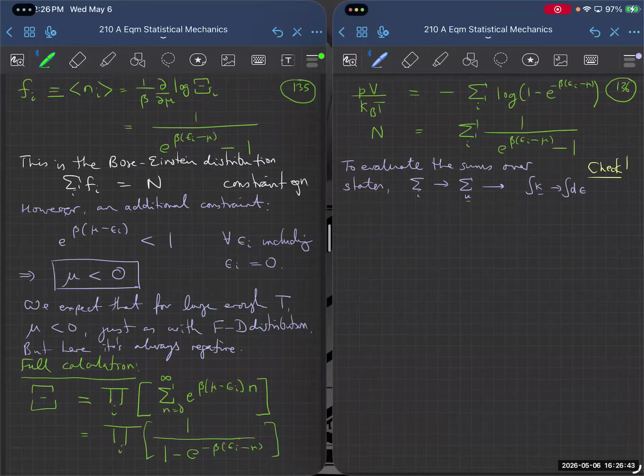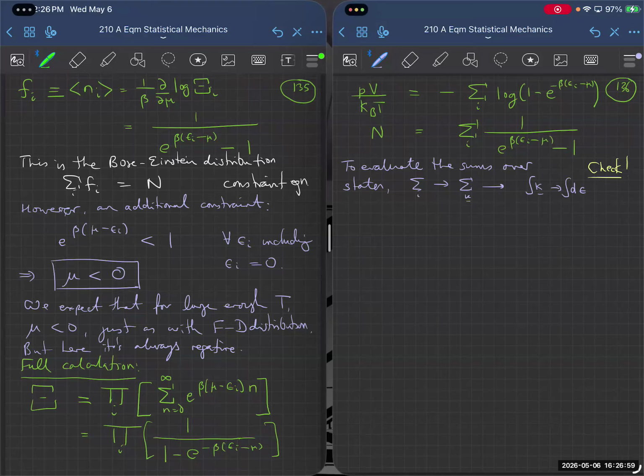Okay, so there's a sequence. We take the sum over states, that's formal. The states are specified by the momenta, plane waves. So those quantum numbers, that's the sum over k. We turn the sum over k into an integral over k because we're looking at the large system limit.